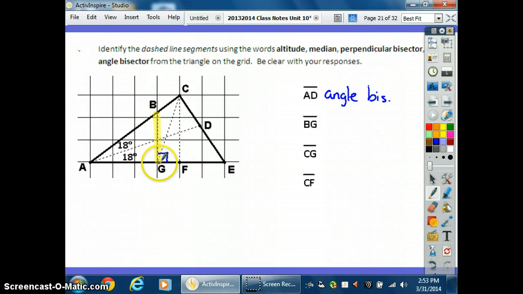And it looks like it's the midpoint right here. This is 3 over here, right? From A to G, and G to E is also 3, 3, and 3. So it's perpendicular and it bisects. It's a perpendicular bisector. Just use my perpendicular sign. Bisector.